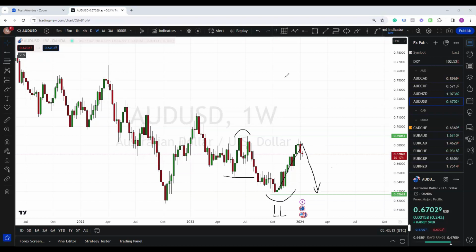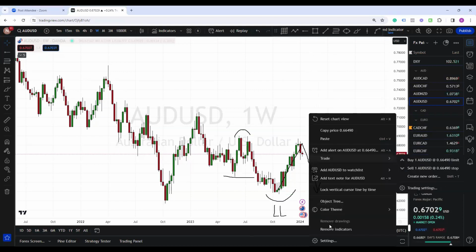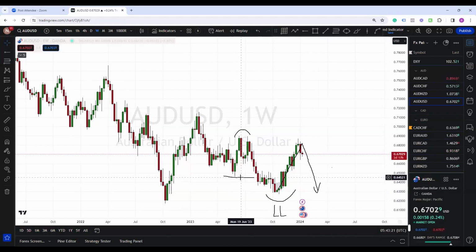Then after that, I'll go to the daily. Wait a second. How to remove this? How to erase this? Okay. So you go to your daily, right? Yes, I'll still put the two lines and then go to the daily.